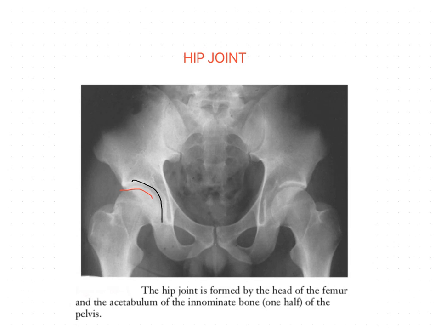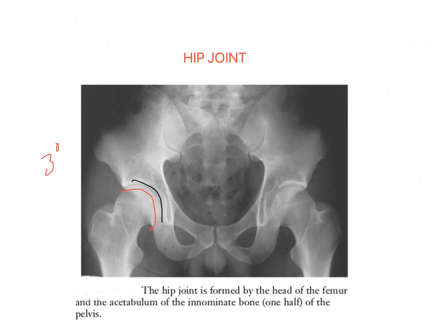These two segments form a diarthrodial joint called a synovial joint, which is a variety of ball and socket joint, and it has 3 degrees of freedom of motion.